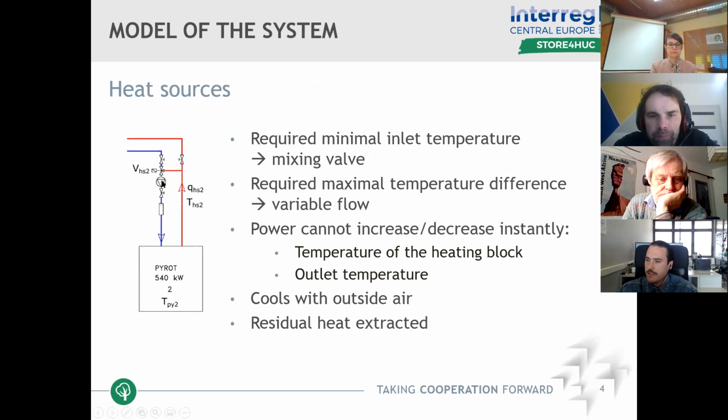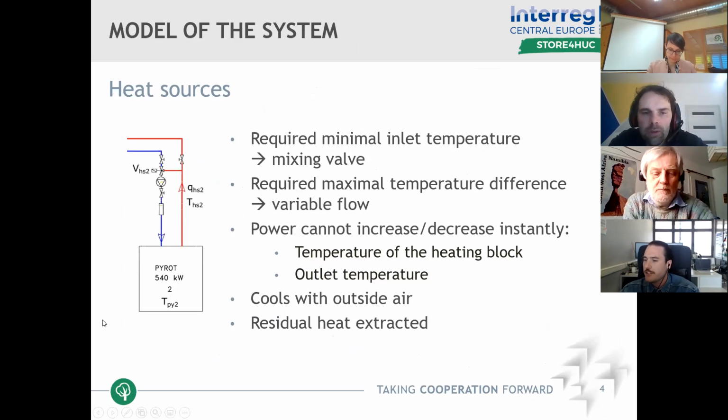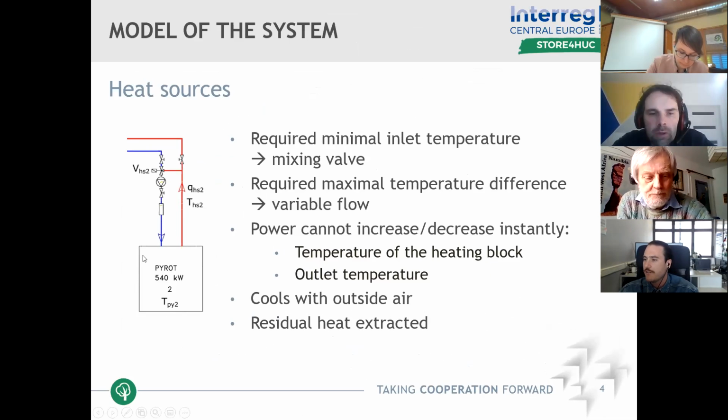We modeled these pumps of the boilers to have a variable flow. So they're not just on or off. They can change the flow according to the required temperature difference. So in the datasheet, we found that these boilers have a maximal temperature difference from the input to the output, and it is 15 degrees Celsius.